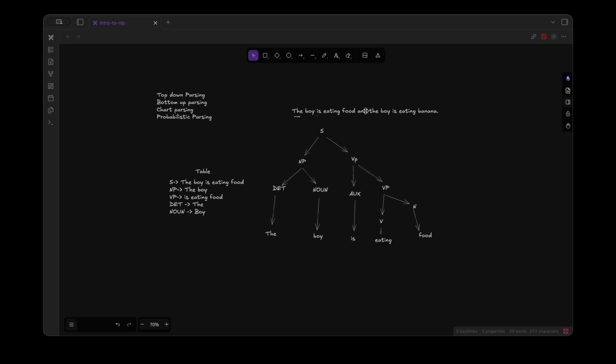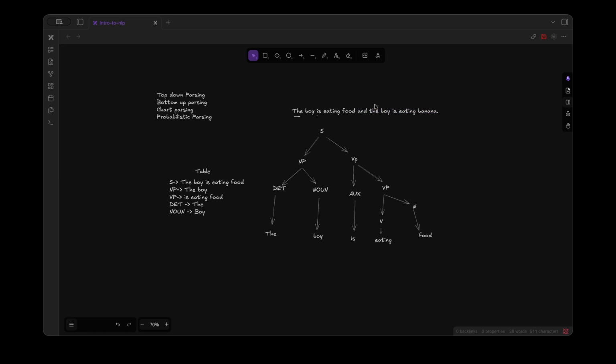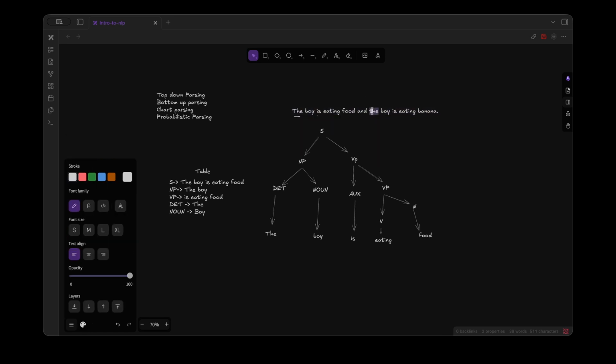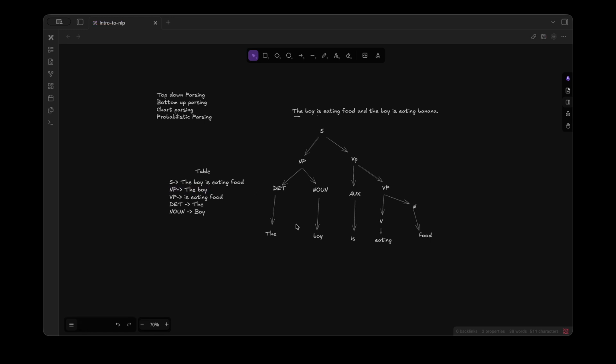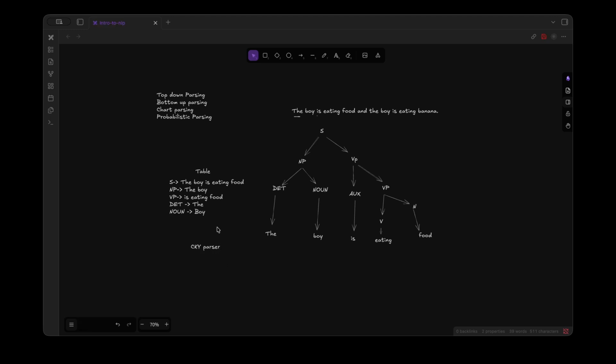Now if this particular thing comes afterwards, then when they are parsing "the boy", they don't have to parse it again, because they can directly check it from right here. Okay, this is the easier part. You have to understand, this handles ambiguity pretty easily. One of the parsers, like the CKY parser, is actually the popular approach for this.